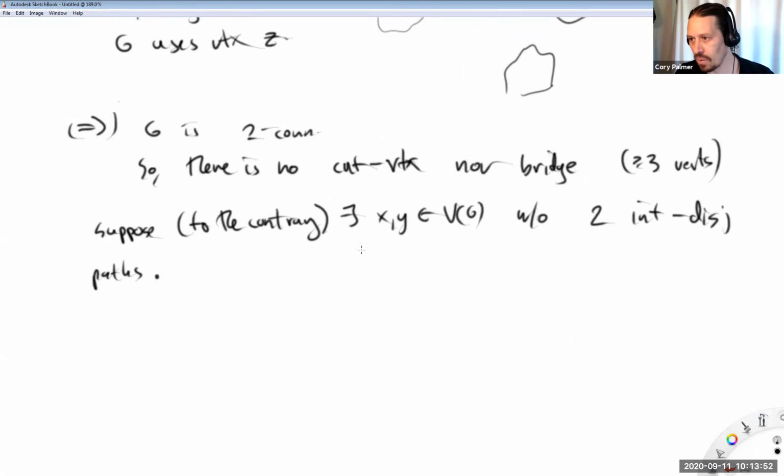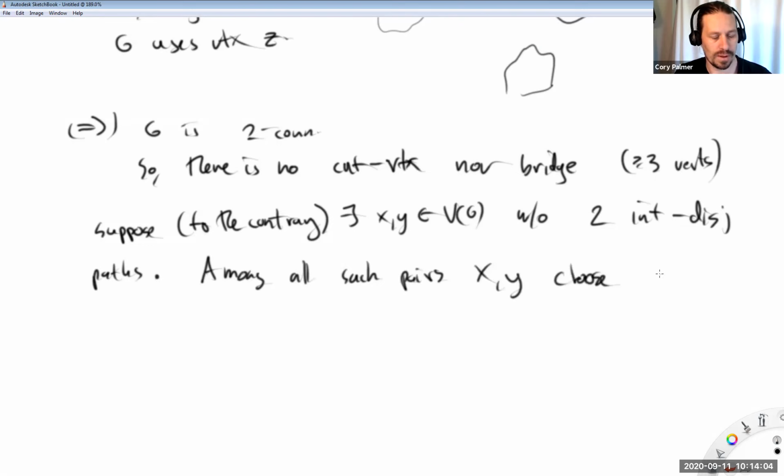So there exist an x and y, and I want to choose these x and y in a special way. Among all such pairs x, y, there might be multiple pairs of vertices with only one internally disjoint path between them, without 2 internally disjoint paths between them. I want to choose the x and y pair that have the shortest path among them with that property, okay?